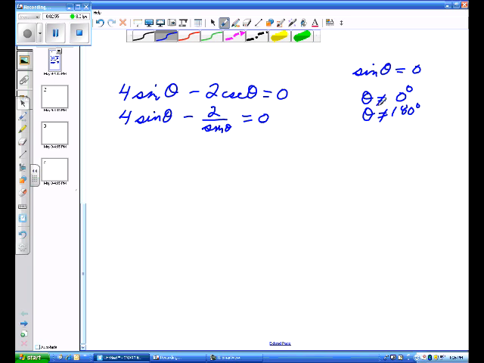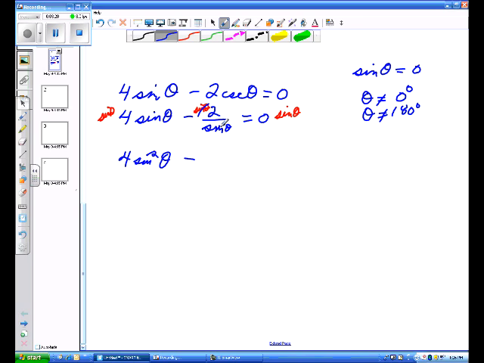So as long as we eliminate 0 and 180 from our solutions, then we could go through and multiply both sides of our equation by sine theta. So I'll go ahead and distribute it. This would give us 4 sine squared theta.